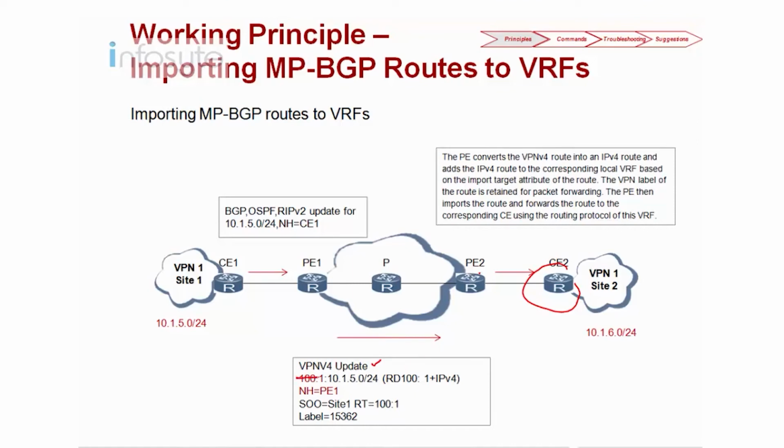They're going to remove the RD and check what the route target is, and based on the route target, they know which customer to send to. So after CE2 receives it, it means that CE2 is able to reach this destination 10.1.5.0/24.